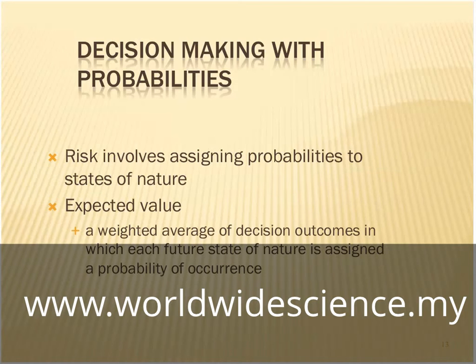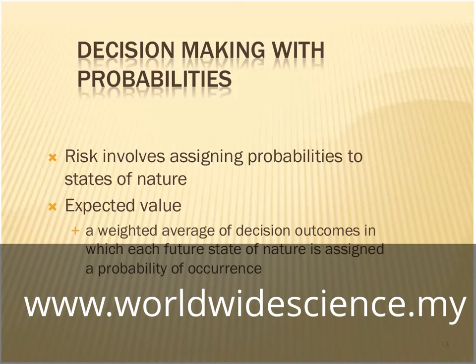Expected value is a formula that is used for calculating or analyzing the decision to select the best one. Expected value means a weighted average of decision outcomes in which each future state of nature is assigned a probability of occurrence.